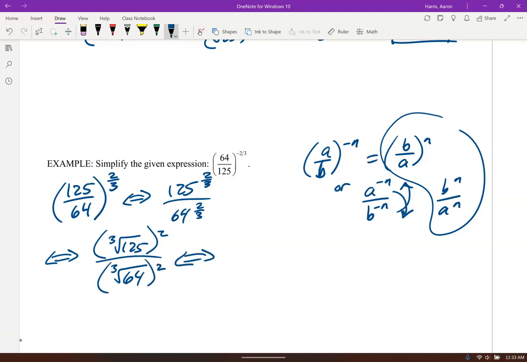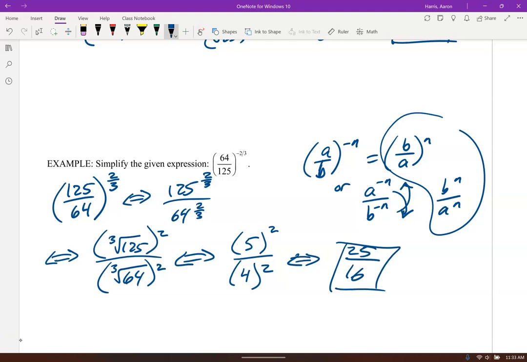Well, the third root of 125: 5 times 5 times 5 is 125. So that's 5. Third root of 125 is 5. I still got to square it. Third root of 64 is 4. Right? 4 times 4 times 4 is 64. I'm looking for 3 of a kind. And I got to square that. So it ends up being 25 over 16 on that one.